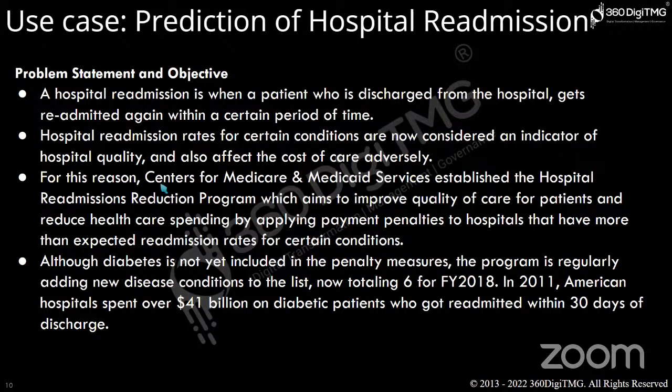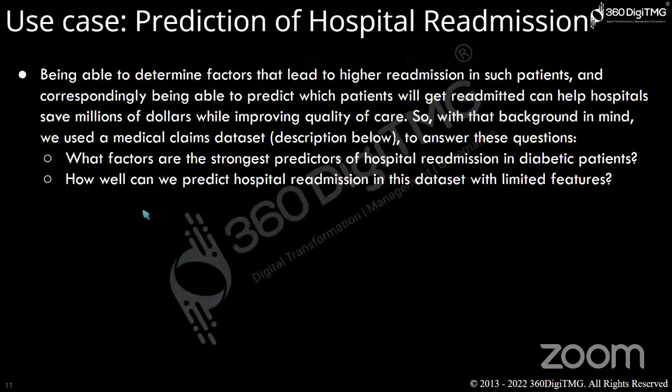And you can see in 2011 American hospitals spent over $41 billion on diabetic patients who got readmitted within 30 days of discharge. So here also we can see a lot of money is being spent. So we are trying to predict this so that this budget could be reduced.